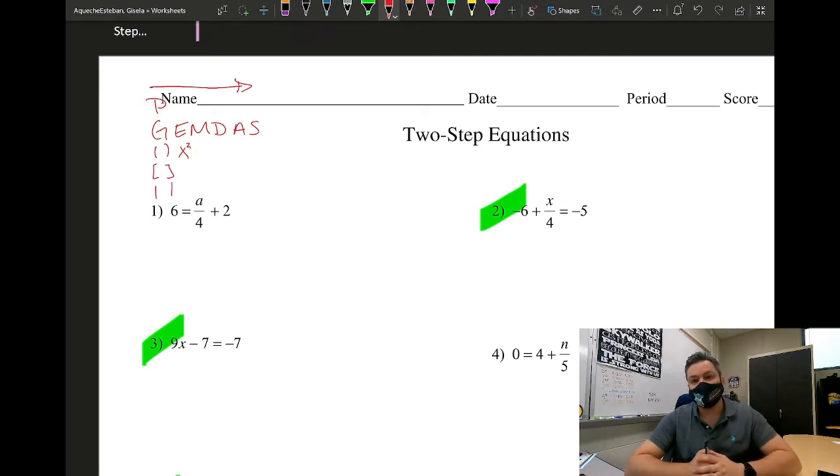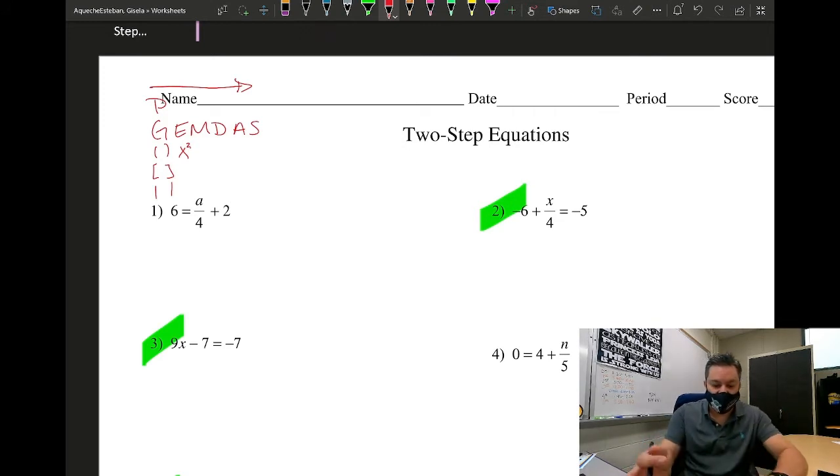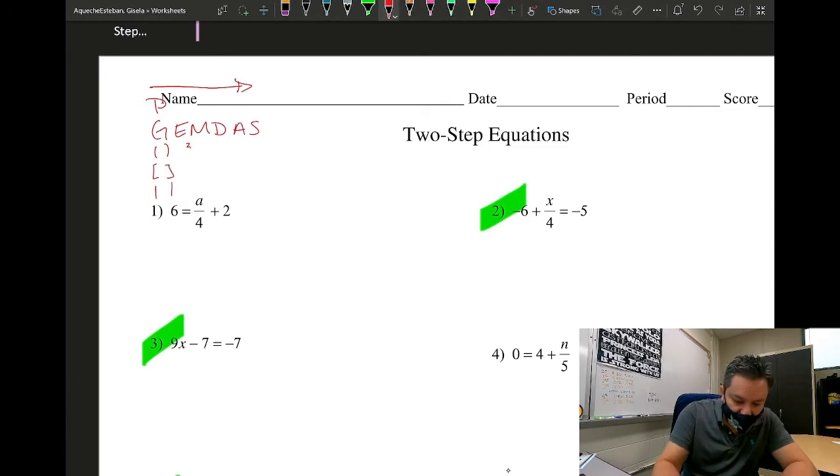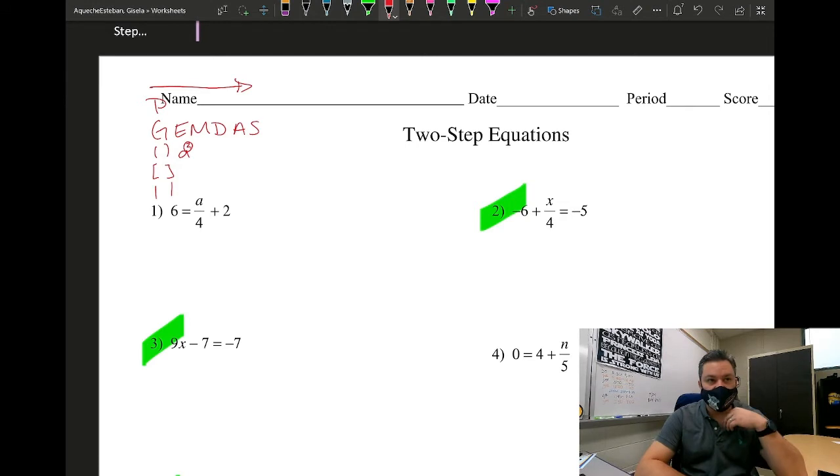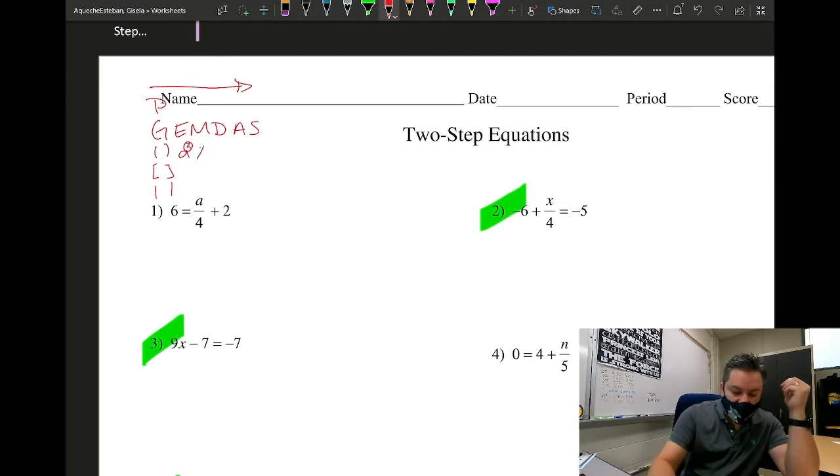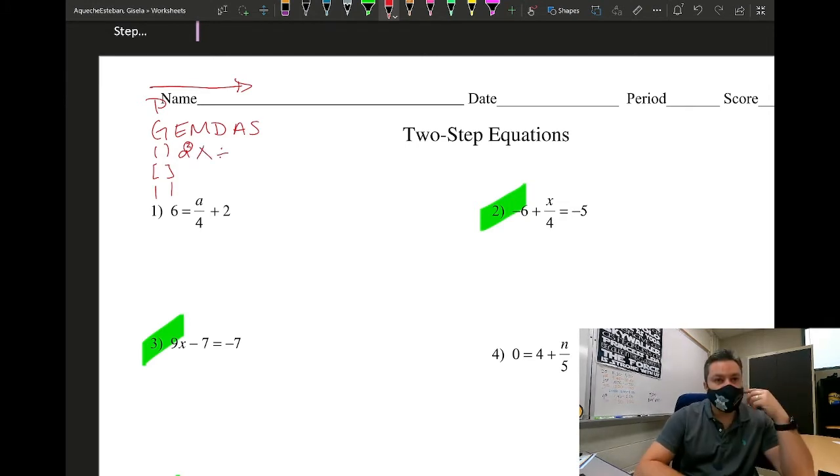Let me change that because it's going to get confused. Let's just call this a, a squared. This is what I'm talking about for exponents. And then we have multiplication and division.